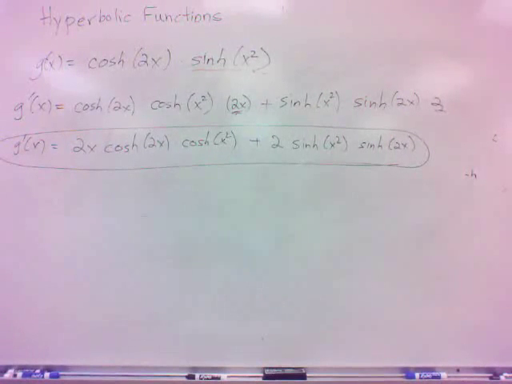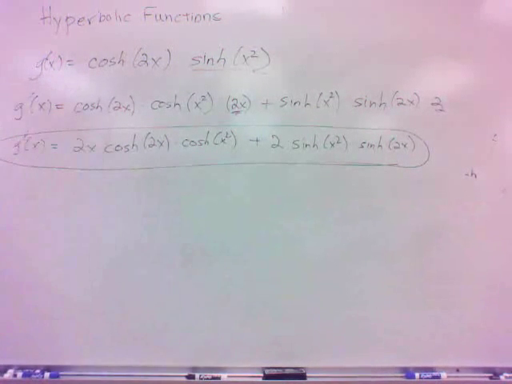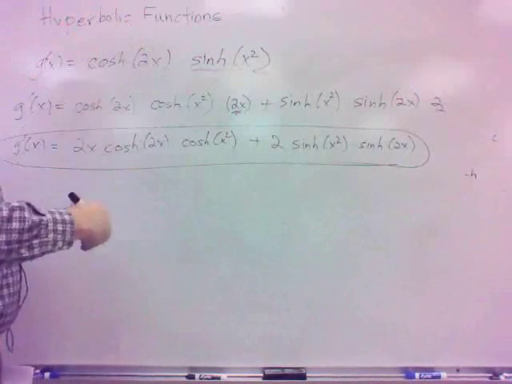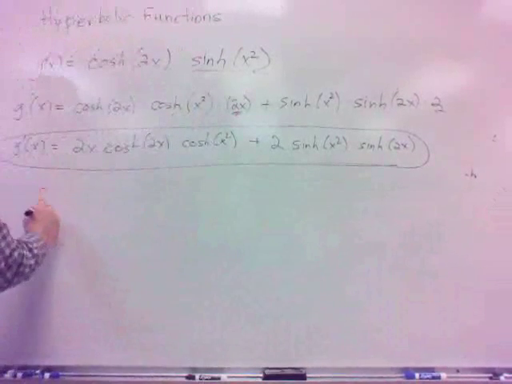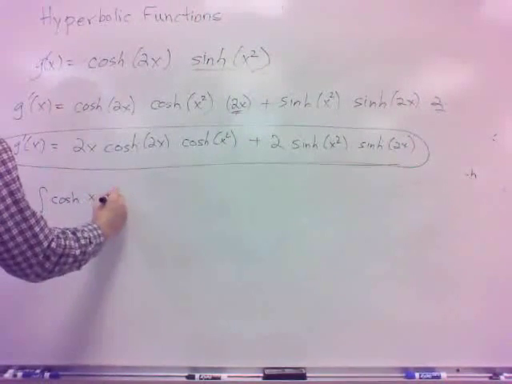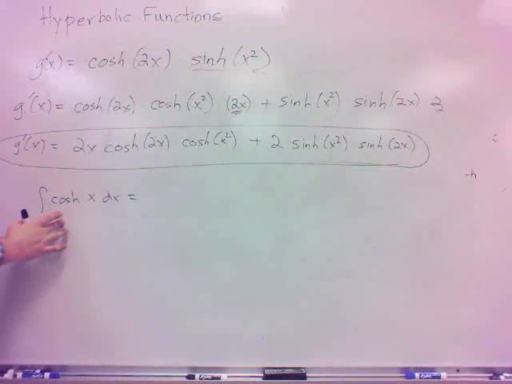Well, the good thing about those hyperbolics is that since the derivative of cosh is sinh and the derivative of sinh is cosh, the antiderivatives are pretty straightforward, too. If you have the integral of cosh, what is that going to be?